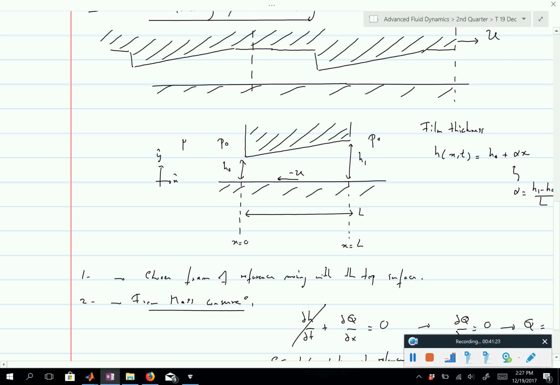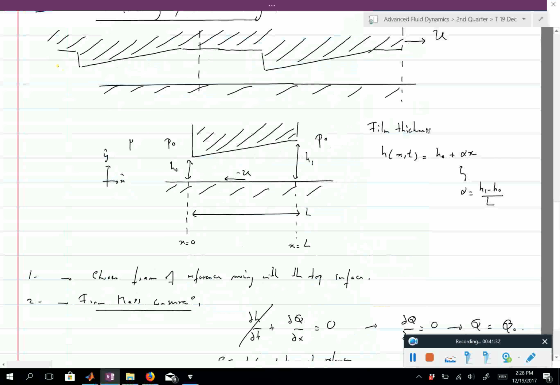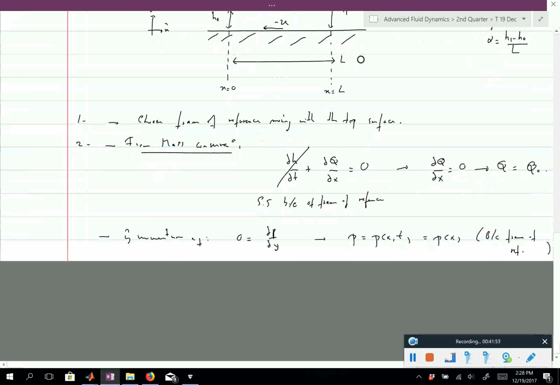In between my different grooves, everything is periodic. So I have P0 here, then something happens, the pressure increases, but then has to drop back to P0 here. And same here, increases, then drops back to P0 here. It's just repeated. I'm just looking at one chunk, but therefore I have to have periodic boundary conditions. So my pressure on one end needs to be the same as the pressure on the other end. So here this is P naught.